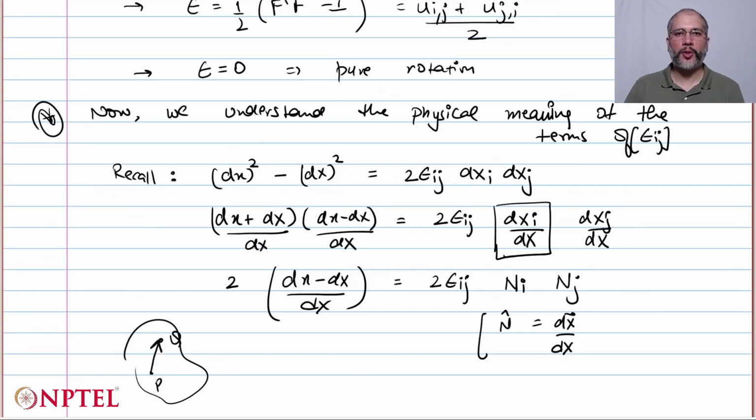Remember, we had chosen Q arbitrarily, so this vector is d capital X, and n hat simply becomes the unit normal in that direction. So n hat will help us identify the direction of a line element that we choose to understand its deformation.